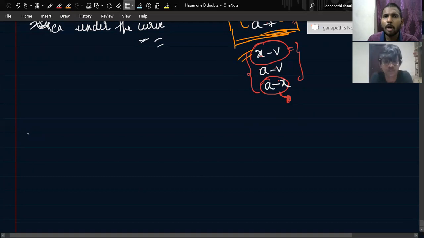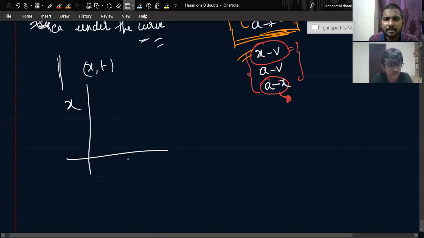Why? Slope of the graph is nothing but, suppose the XT graph is given to you in this manner, some XT graph.